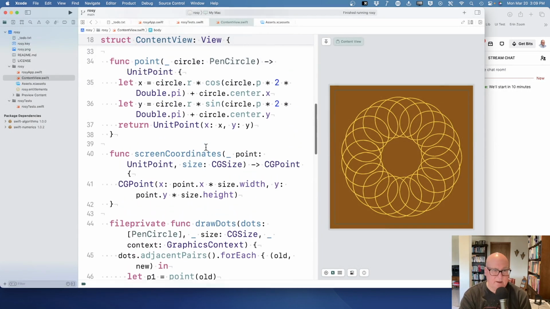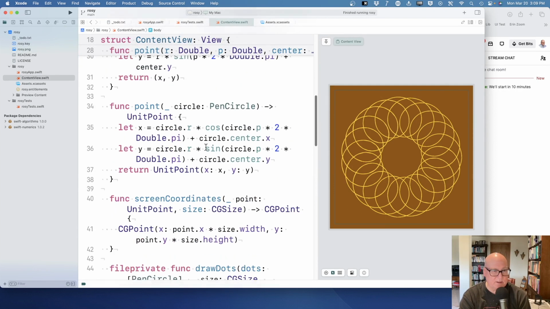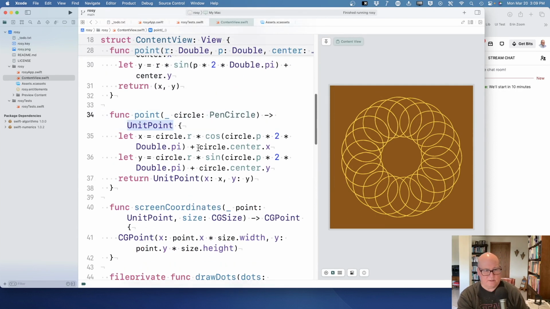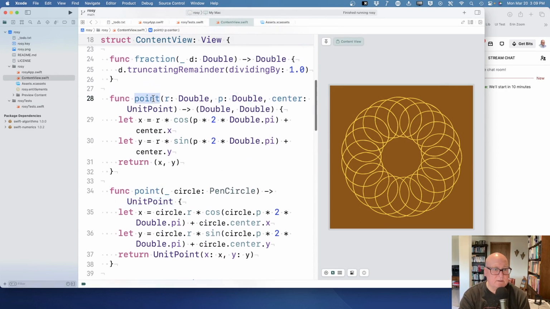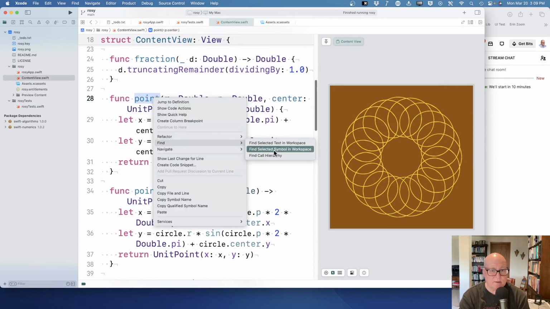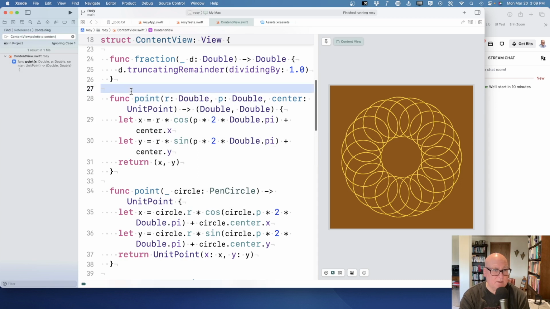All right, now I want to transform this to being point. So unit point. Oh, do we ever call this one now? Nope.